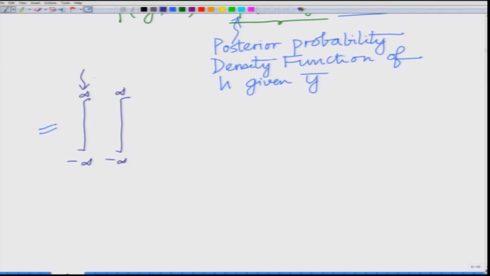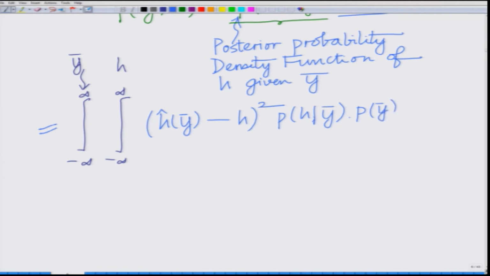Remember, there are two integrals, the outer integral with respect to y bar, the inner integral with respect to h, and we have h hat of y bar minus h whole square times, instead of the joint probability density function, I am going to write it as P of h given y bar into P of y bar d of h d of y bar.